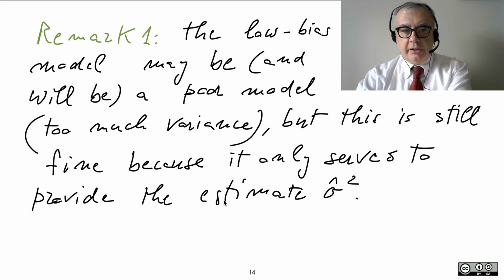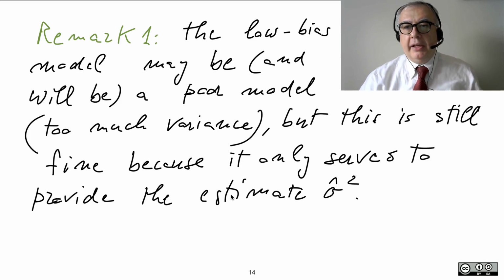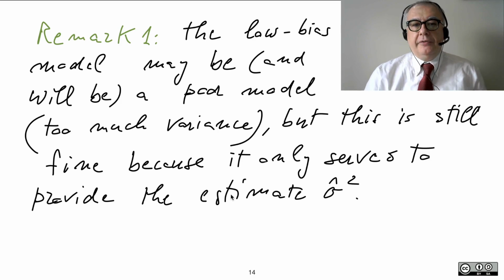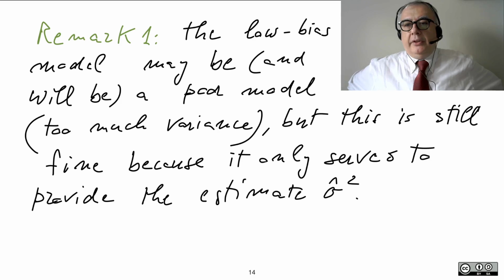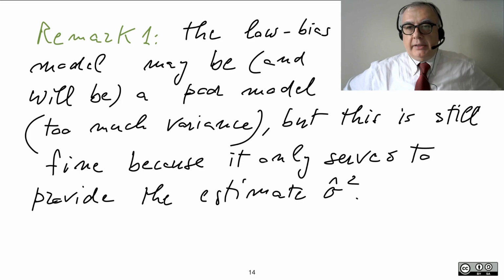A comment on the low bias model. Of course, the low bias model will have many parameters, and therefore it is going to be a poor model, because being over-parameterized, there is a large variance. This is the price to pay in order to be sure that the bias is small, because you have the bias variance trade-off.